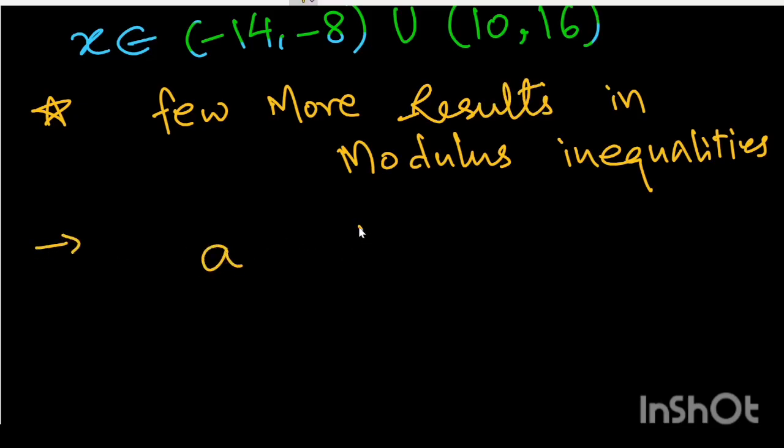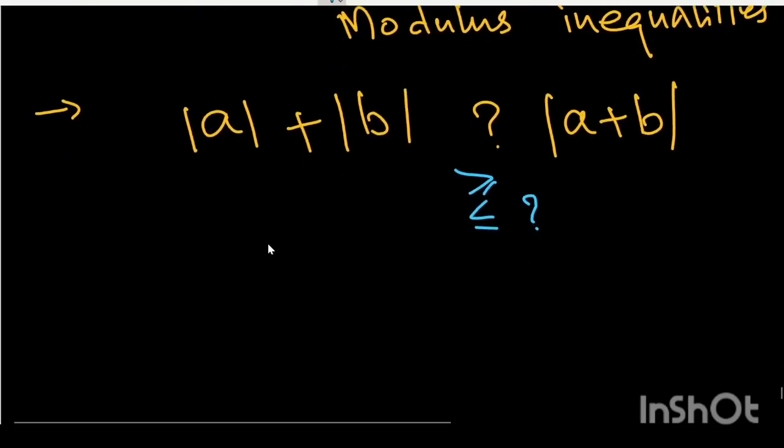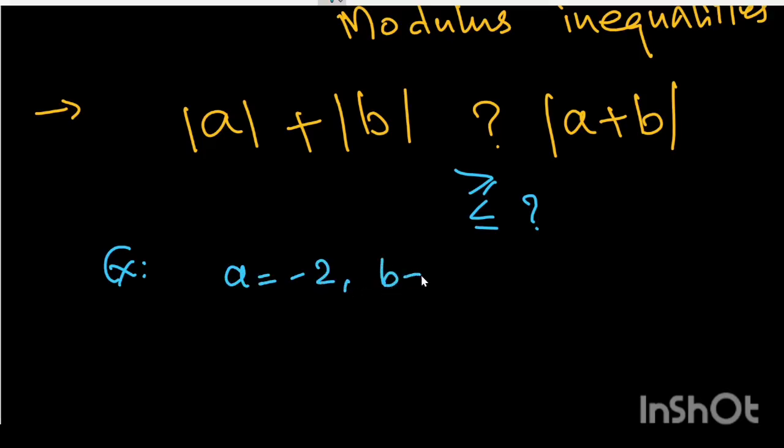If a and b are two numbers, and if I take mod and add them, and if I separately add the two numbers and then take mod, what do you think, which sign should come here? Greater than, less than, greater than or equal to, less than or equal to, what should come here, guys? So guys, let's take a as minus 2, b as minus 5.